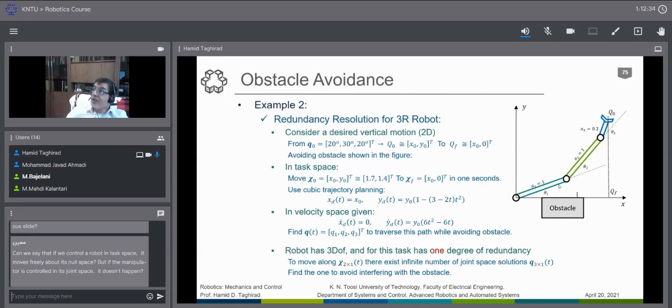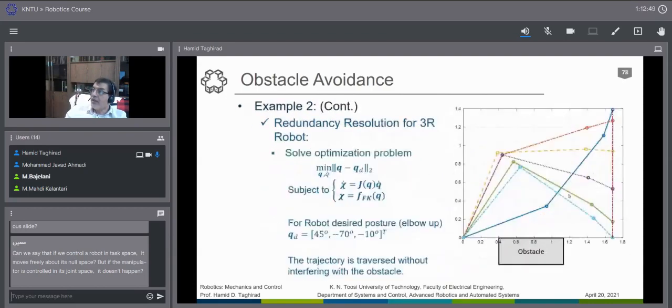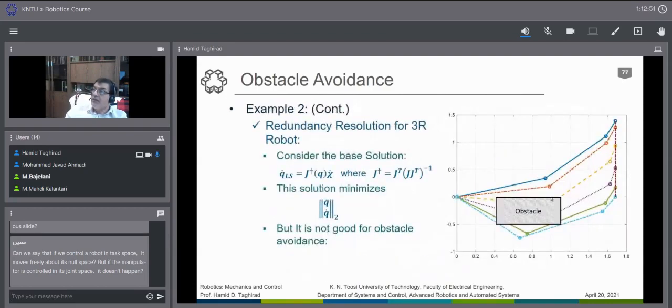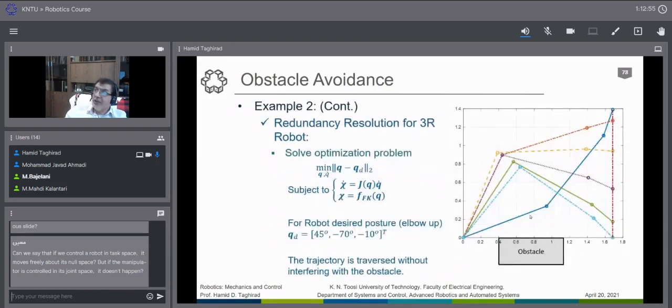If this robot comes with elbow down, it will hit the obstacle. But if it goes with elbow up, it can go from here to here without hitting the obstacle. If we go elbow down, as you see, we will hit this obstacle. But if we go elbow up, then we don't hit the obstacle.